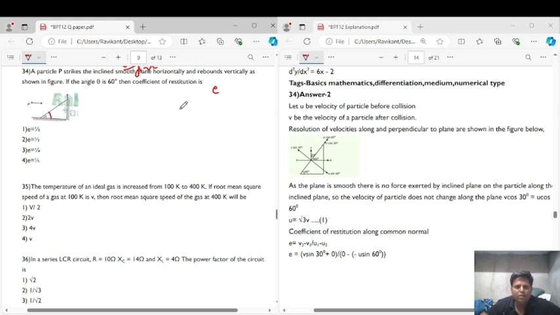So if the initial velocity of the particle before collision is u, and the velocity of the particle after collision is v, we have to resolve the velocities. This is u and this is v, right? Now this u can be resolved.